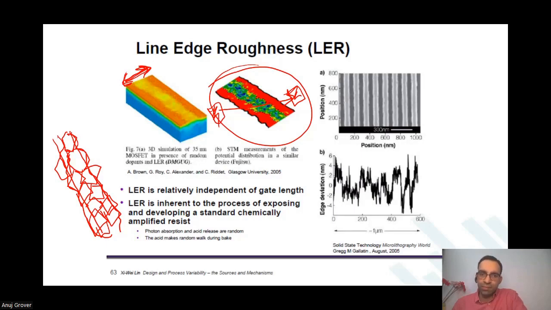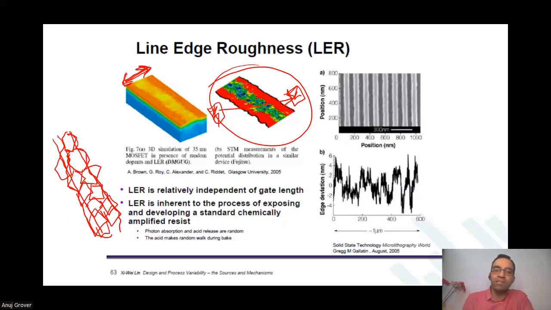What it means that it is independent of gate length is that it is dependent on the polycrystalline, the size of your crystals in the polysilicon, not on the length of your gate. Whether it is 1 micron wide or 65 nanometer length, the variation will always be plus minus 3 nanometers.